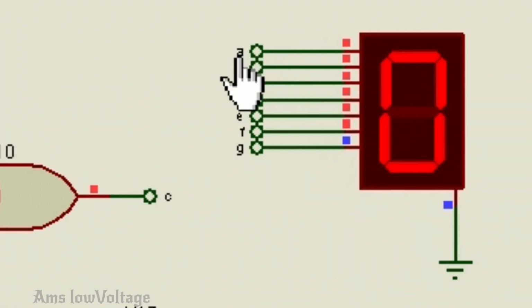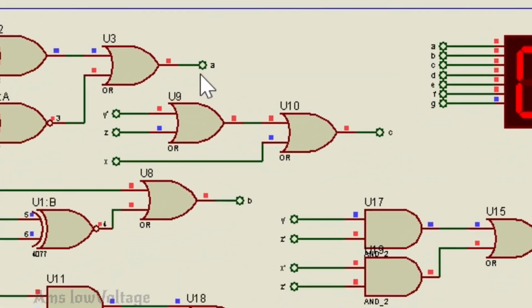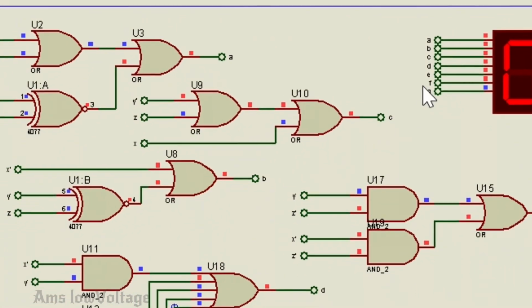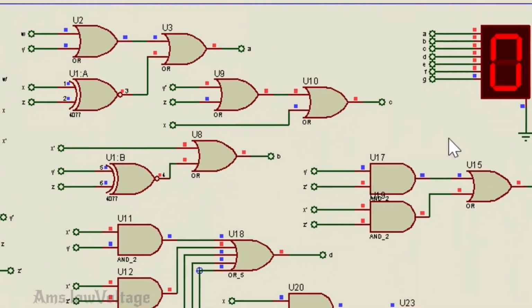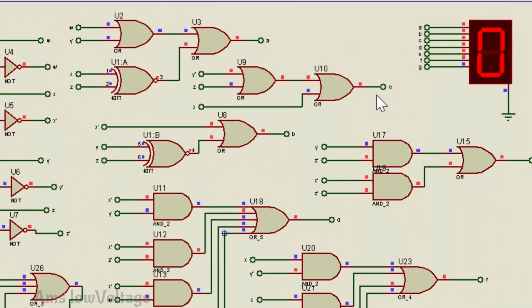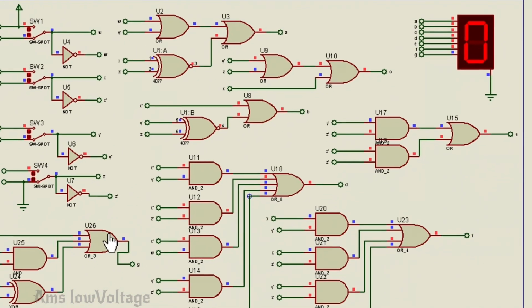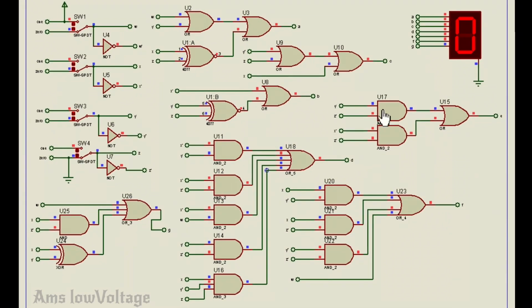All these 7 segment display connections are A, B, C, D, E, F, and G, and A is connected to A, B goes to B, C goes to C, according to this level, each connected to each other. So in this situation, I'm getting the output 0 because our input is 0 0 0 0.